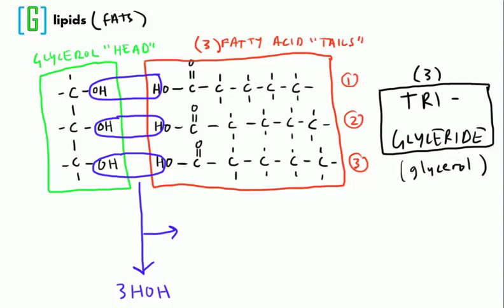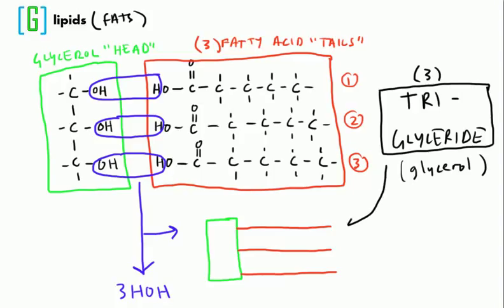We have our glycerol head. All right, we'll just make this nice green block. Okay, and then coming off of that glycerol head, we have 1 fatty acid tail, 2 fatty acid tails, 3 fatty acid tails. So ladies and gentlemen, there is your triglyceride. That is a general shape of what a triglyceride looks like.